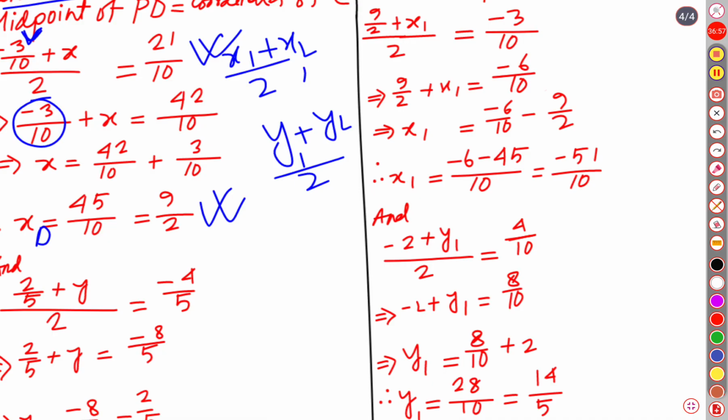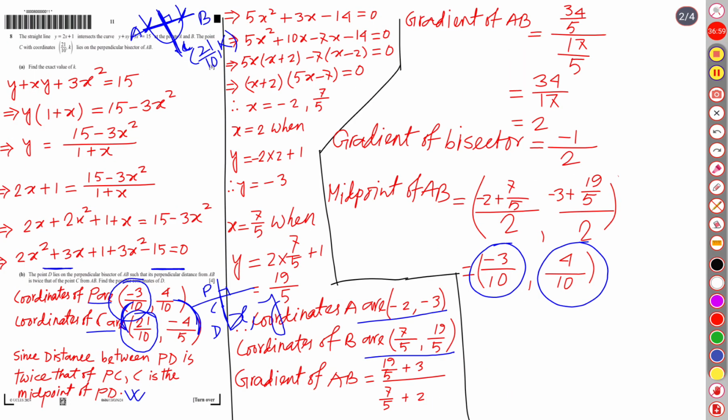Then the same goes for y also. From page 2 we can see the y coordinates. These are the two y coordinates: the y coordinate of P, and the y coordinate of D we have supposed to be y.